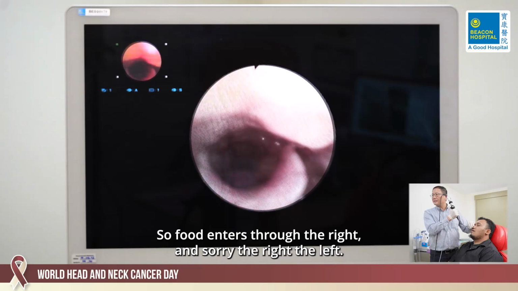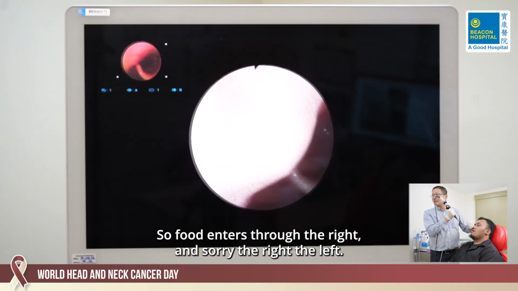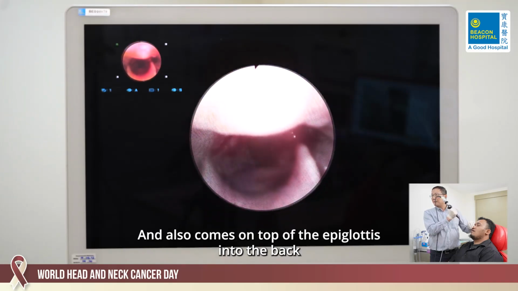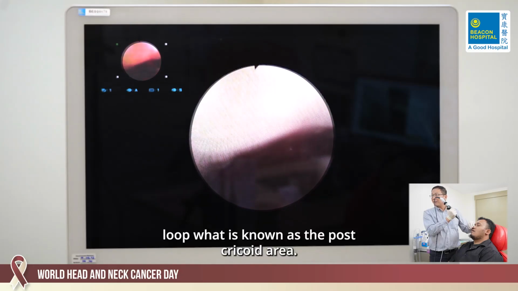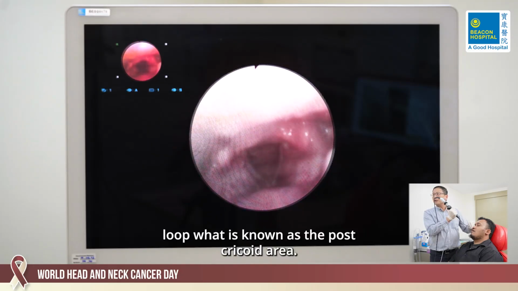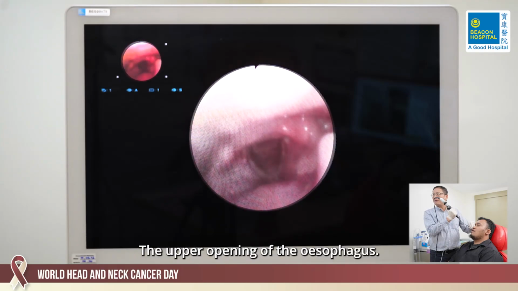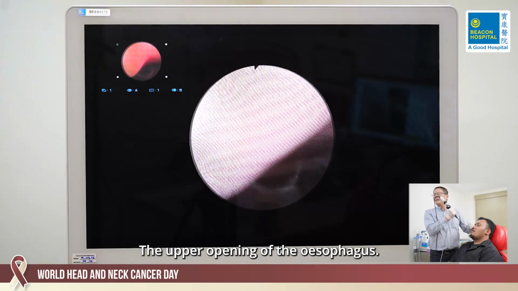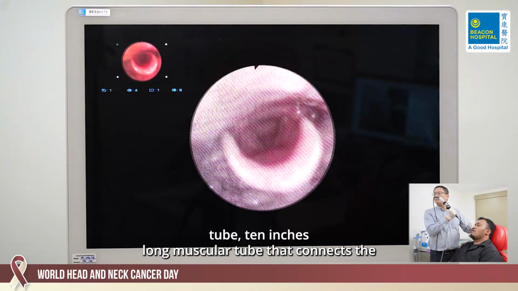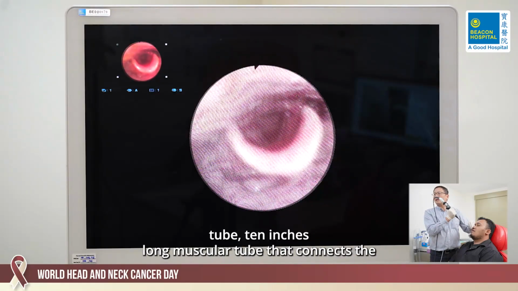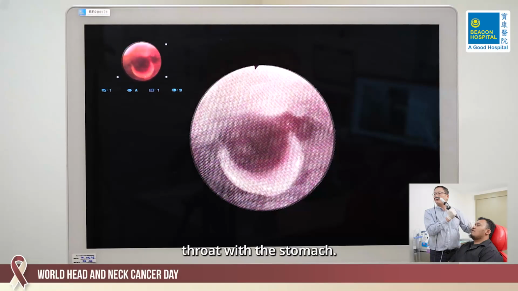So food enters through the right, the left, and also comes on top of the epiglottis into the back there, what is known as the postcricoid area, the upper opening of the esophagus. The esophagus is a 10-inch long muscular tube that connects the throat with the stomach.